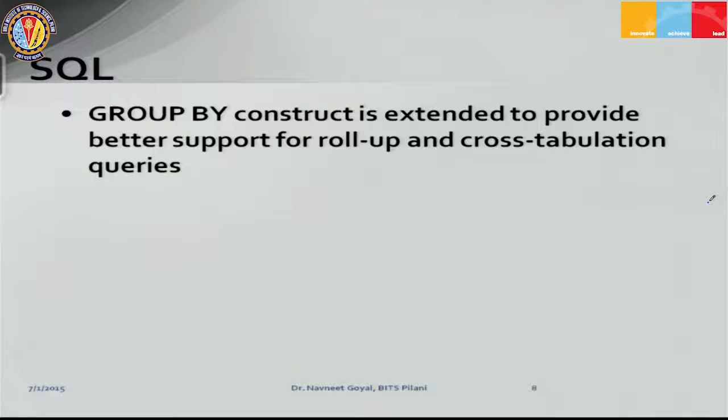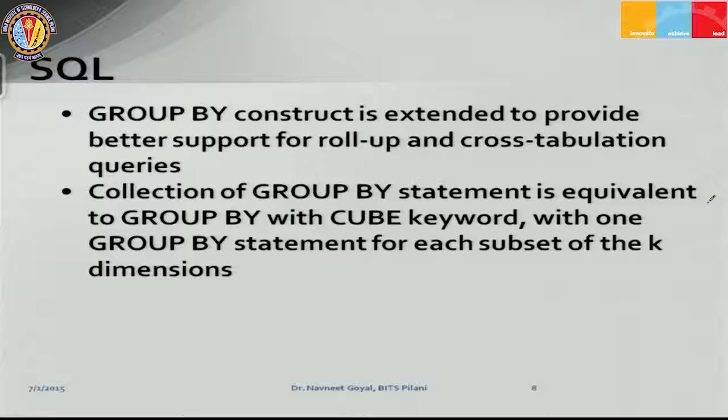Now let us look at how the group by construct is extended to provide better support for roll-up and cross-tabulation queries. A collection of group by statements is equivalent to group by with the cube keyword, with one group by statement for each subset of the k dimensions.